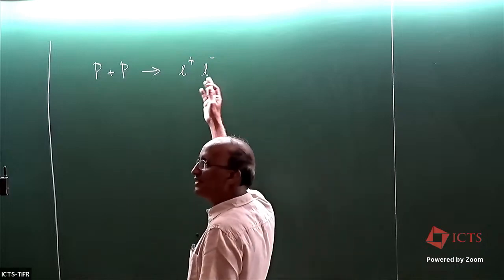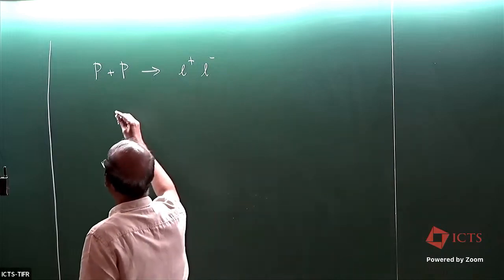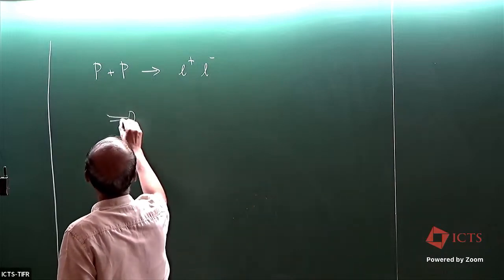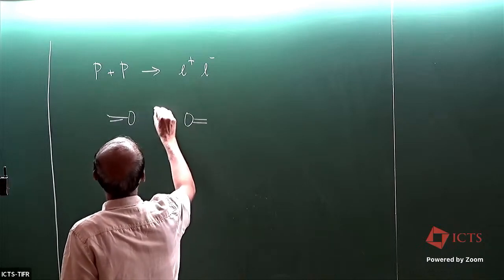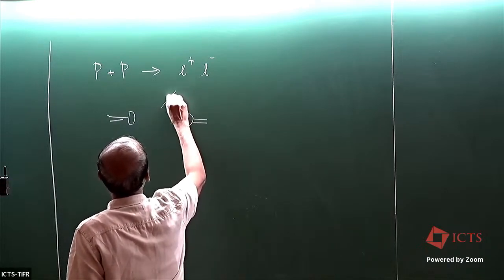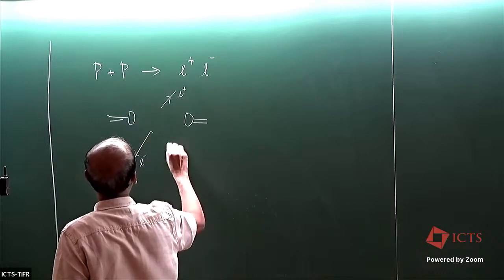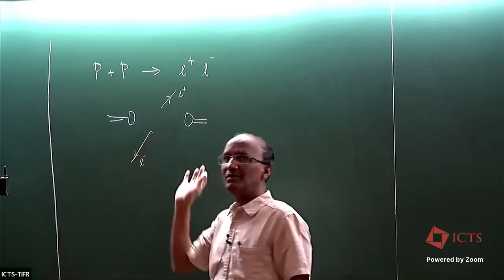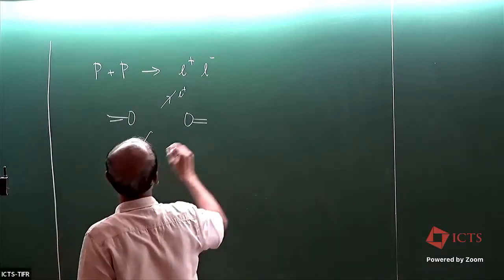This L could be anything: e plus e minus, mu plus mu minus, or anything. I collide two protons head on, and produce one lepton here, another lepton here, and it could produce other objects also. This process is called the Drell-Yan process.